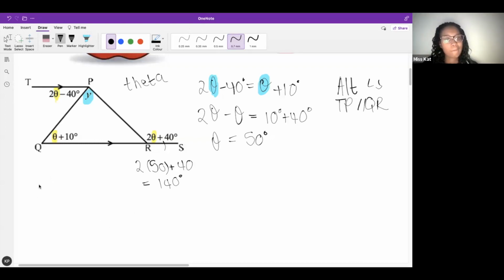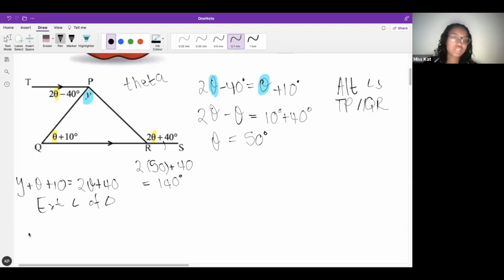Ma'am, we can say y plus theta plus 10 degrees equals 2 theta plus 40 degrees. Nice. Interior and exterior angle of a triangle. Now let's substitute because we know how much theta is.